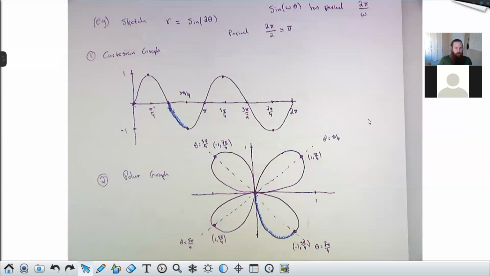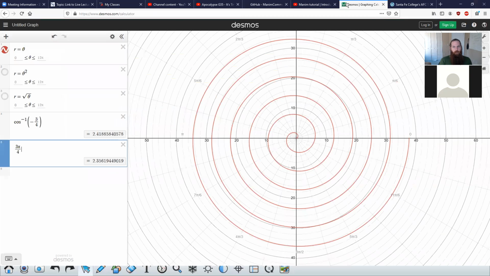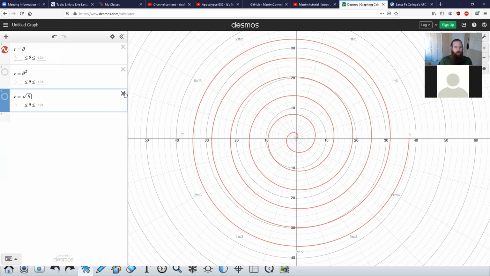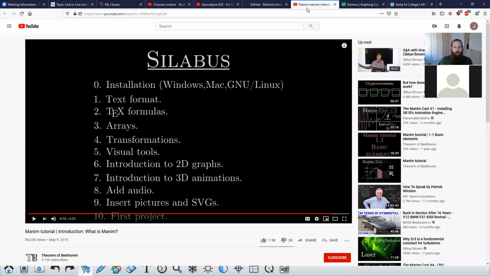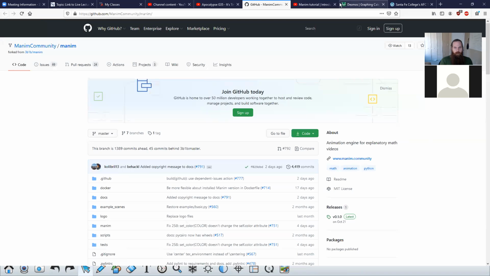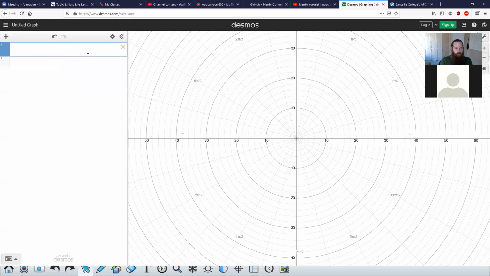I invite you to fiddle around in Desmos. I'm spending some time here trying to find really good resources for you guys, but it's actually pretty limited. I'm actually researching something here, how I can generate animations for you using Python, but it's not going to be something that will come together quickly.